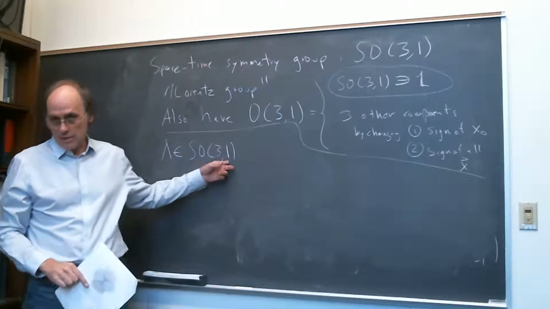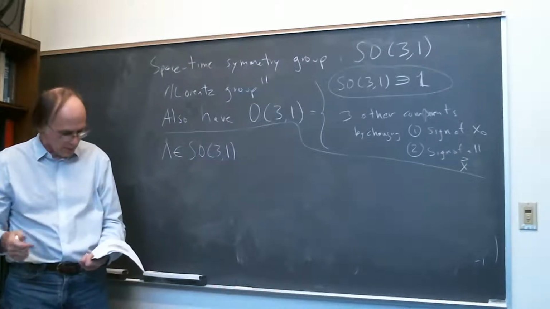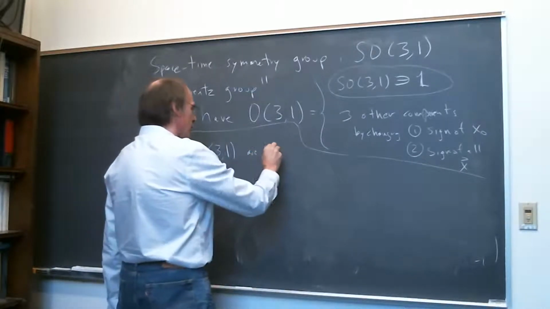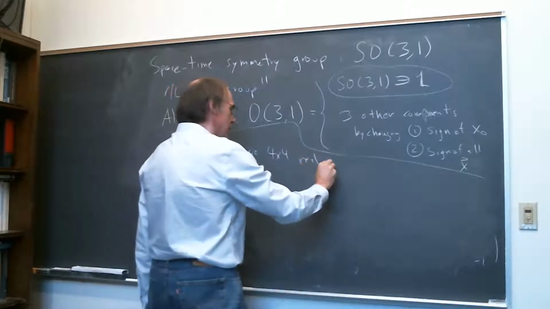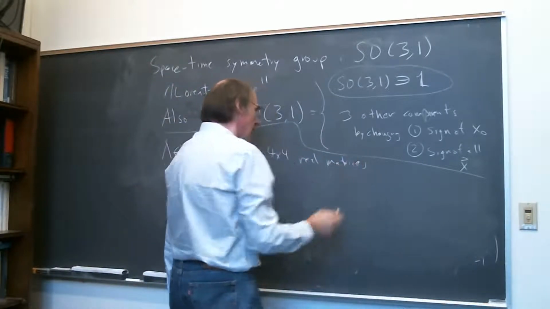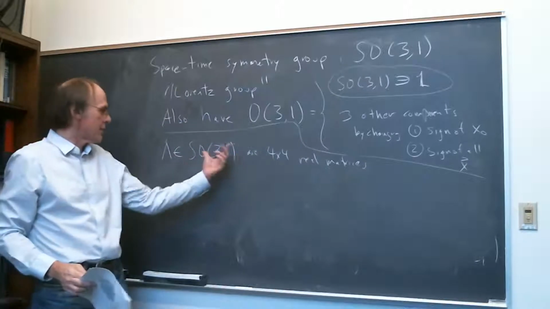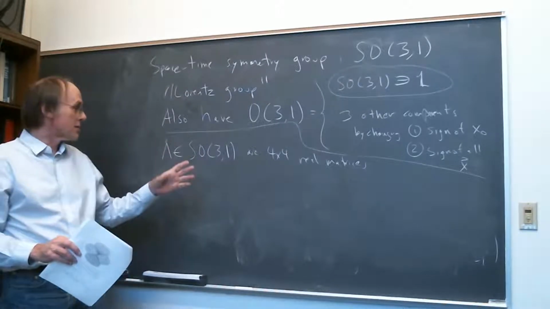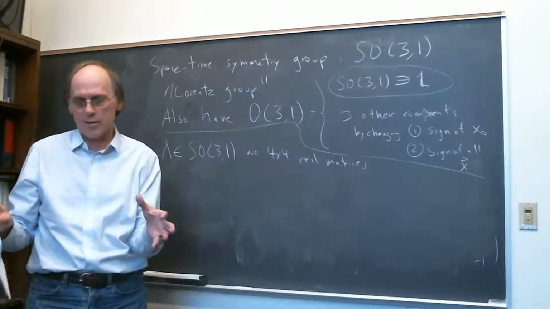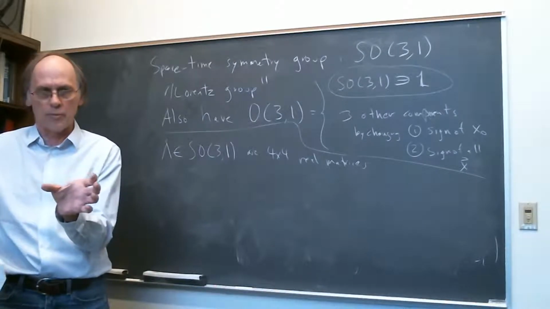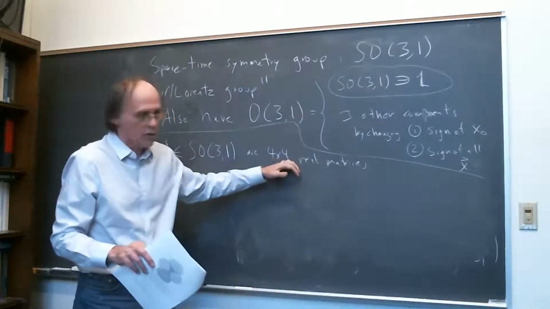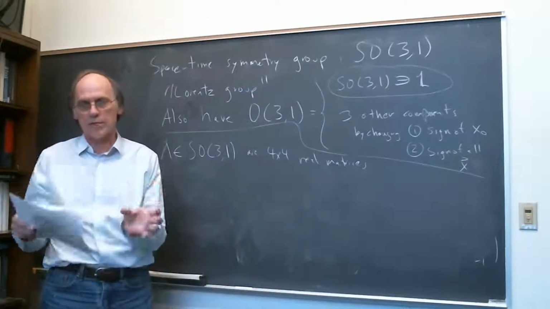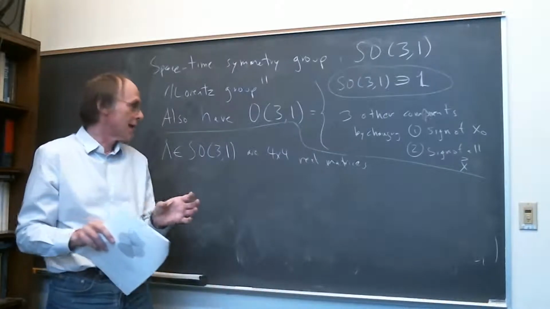One way of thinking about these is that you can think of them as 4x4 real matrices, and they're going to satisfy this slightly weird version of orthogonality. Normally you say that something is in SO(4) if it's a 4x4 real matrix that's orthogonal, which means that its transpose and its inverse are the same.